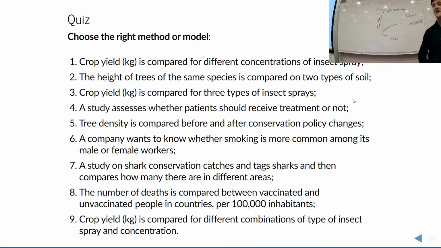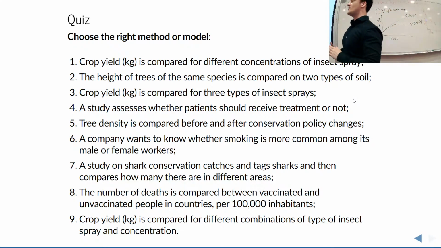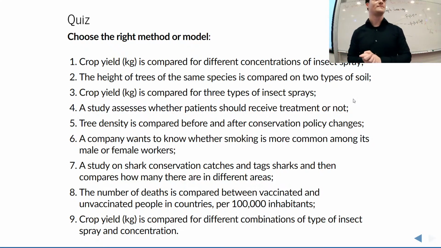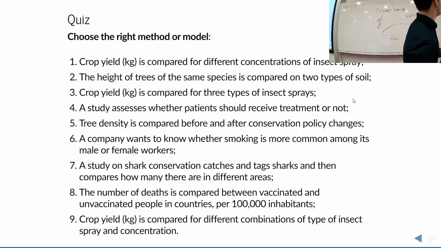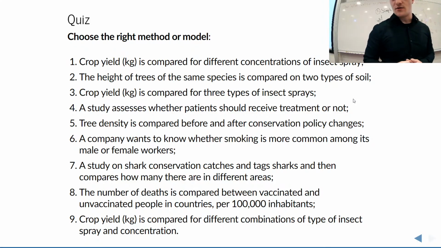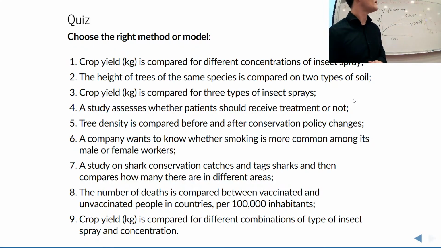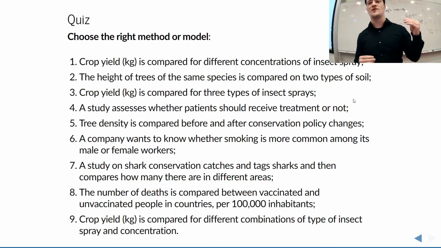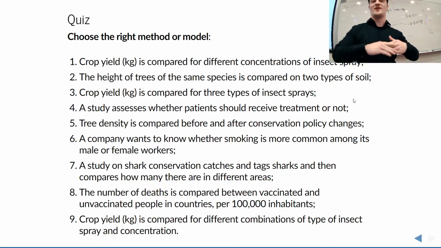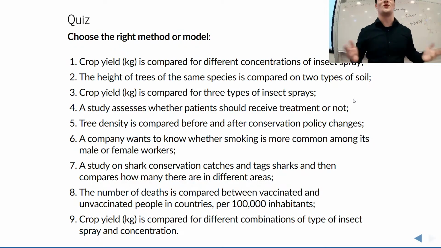Okay, anyone has an idea for any of the other ones? Would 2 be a t-test? Number 2, the height of trees of the same species is compared on 2 types of soil. So she says, could it be a t-test? I agree. If you compare the height of trees, and we're going to assume that all of the heights are somewhere above 0 meters.